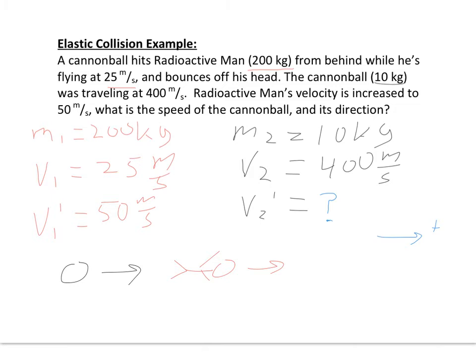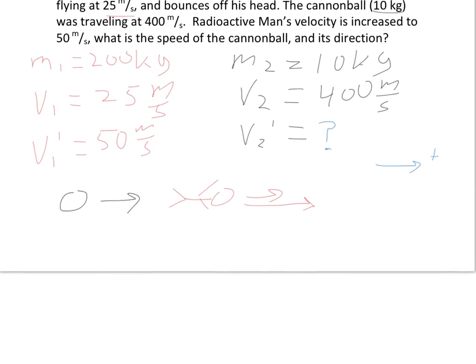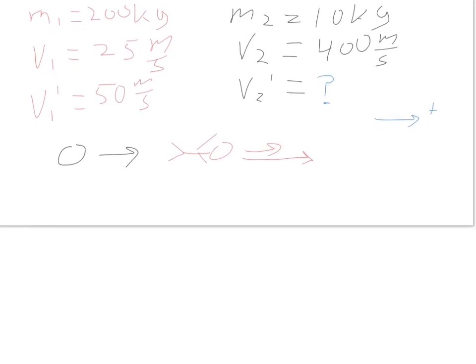That's what we need to figure out. We know that radioactive man winds up having his speed actually increased by the cannonball. So our job is to figure out what happens to the cannonball itself. Scrolling on down here, I'm going to start just like before with that conservation of momentum equation.